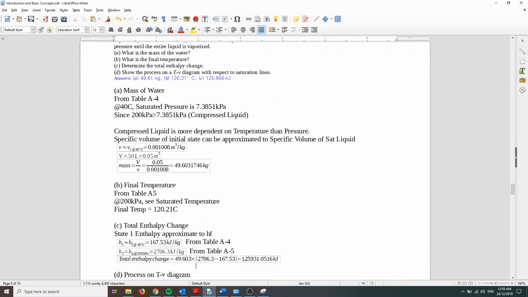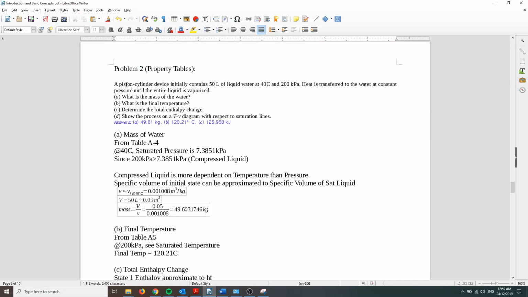For the next question, there's a piston cylinder device containing 50 liters of liquid water at 40 degrees Celsius and 200 kilopascal. Heat is transferred to the water at a constant pressure until the entire liquid is vaporized. What's the mass of the liquid? First things first, we use table A4, because we have the temperature and pressure.